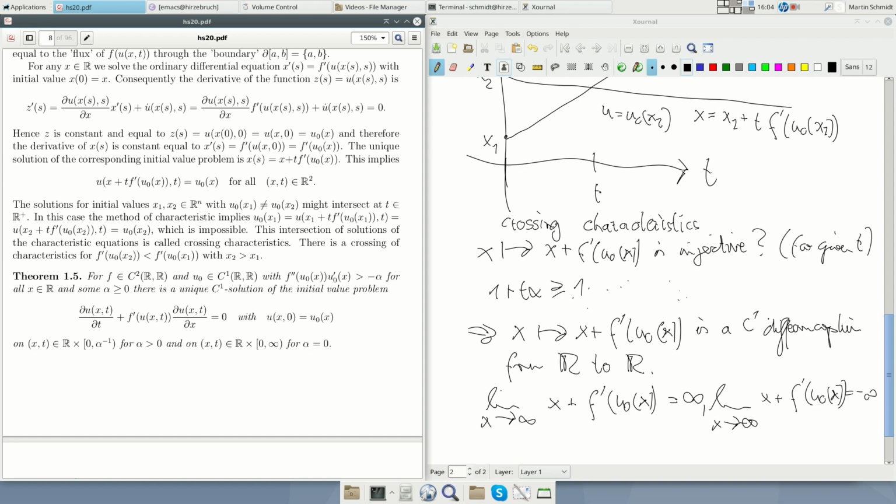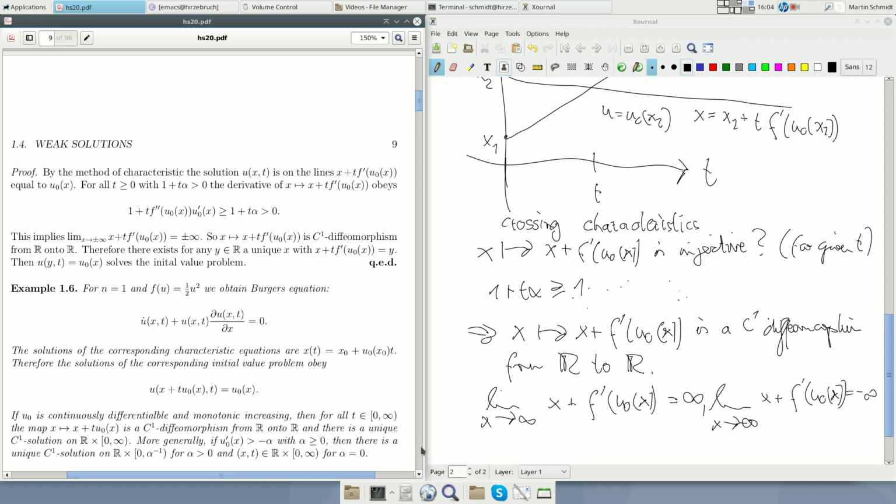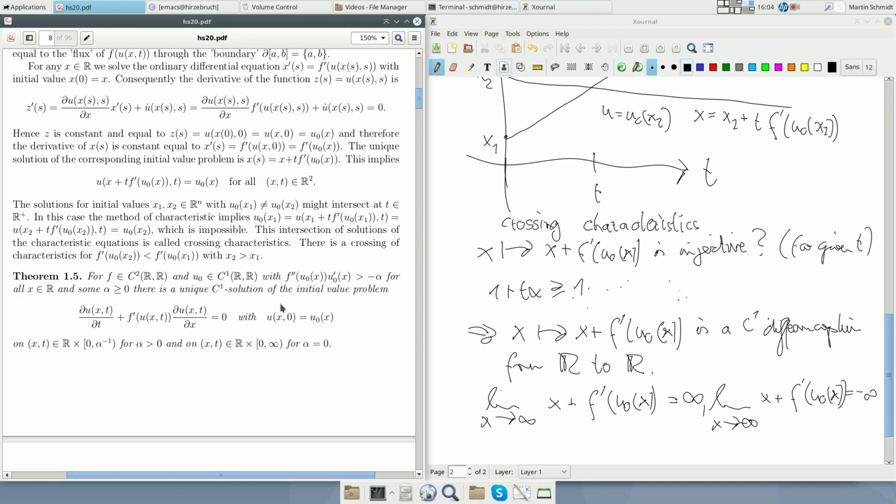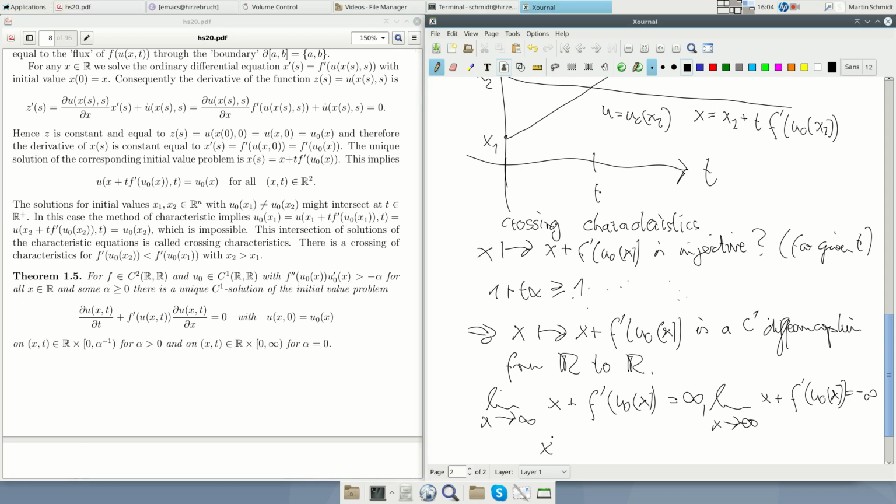Maybe this was a little bit short for Burgers' equation. The second derivative: for Burgers' equation, the first derivative of 1/2 x squared is x, and the second derivative is 1.